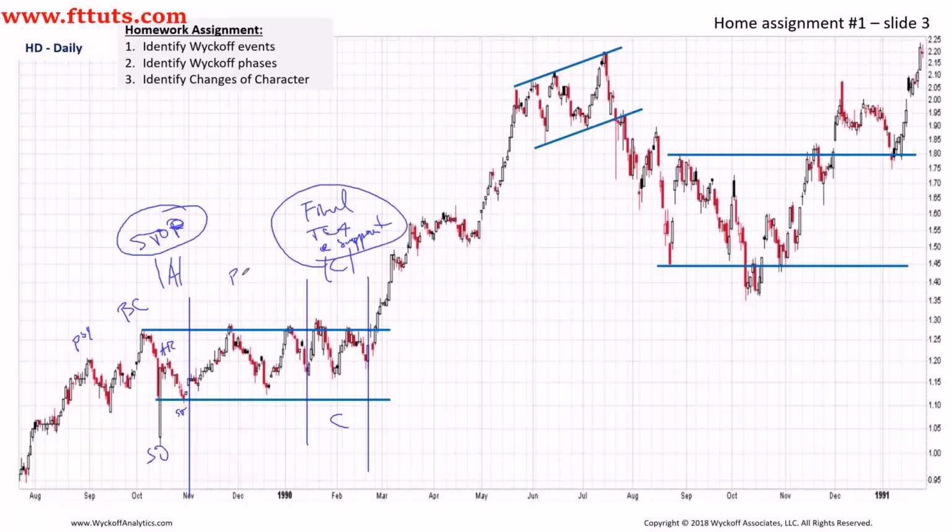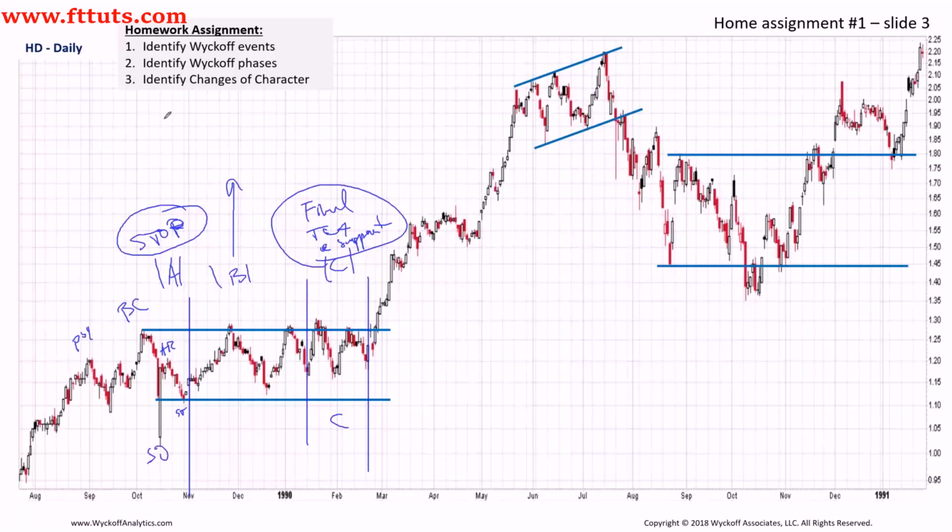Okay, so what's the intention behind phase B? Phase B essentially shows multiple areas of tests, testing the resistance to the upside and testing the support to the downside. Okay, well, Rama, I want you to come back to schematics, because I put the intentions for each phase there intentionally. And I want you to remember those intentions.